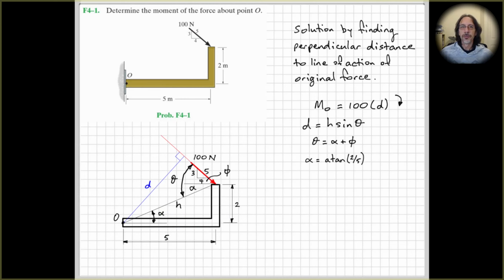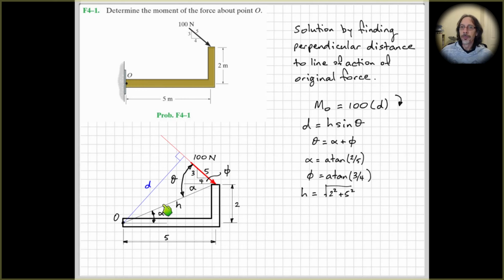Depending on where you've been to school, you may be familiar with seeing this as tan to the minus 1 of 2 over 5 rather than atan. Either works. And the angle here, phi, from our 3, 4, 5 triangle, again opposite over adjacent, inverse tan gives us the angle phi. So we can calculate those angles.